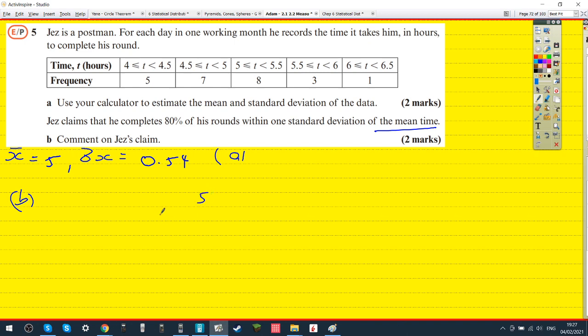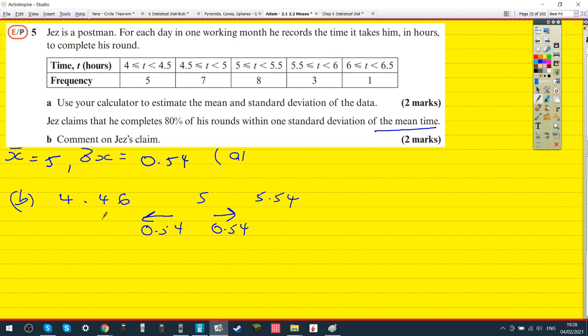Which is 4.46. Within 1 standard deviation of the mean would also include 5 plus 0.54, which is 5.54. And so how many did he do in between 4.46 and 5.54?